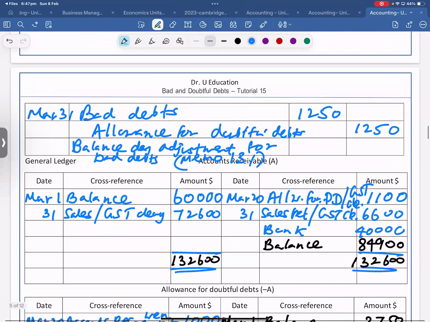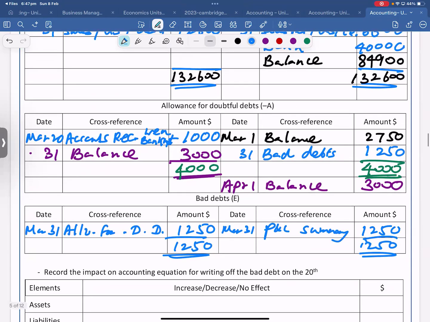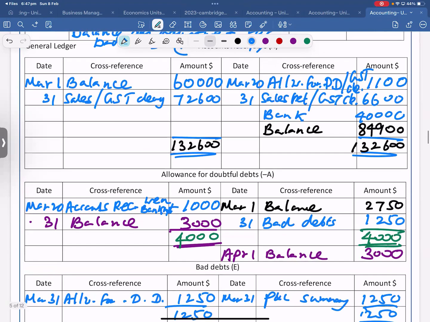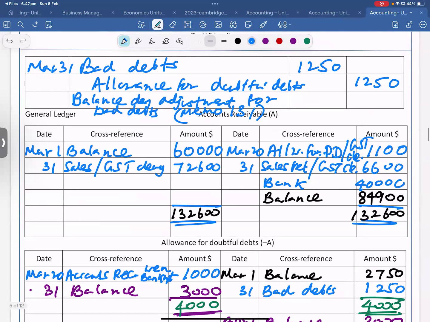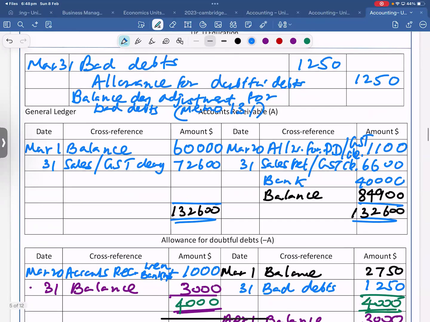Are you done, guys, with this? Any questions? 131. So what's the increase? Is it an increase in assets? No, I'll give you. I haven't done asset. Good.